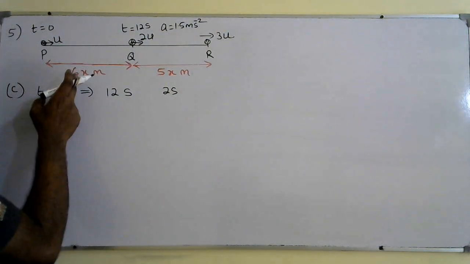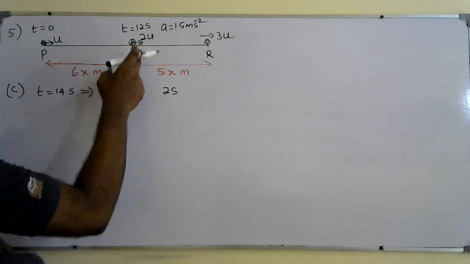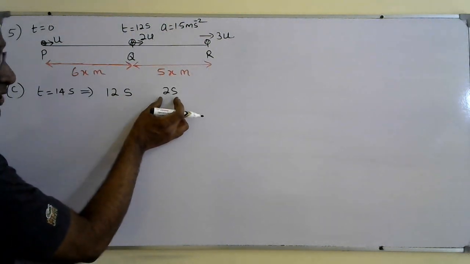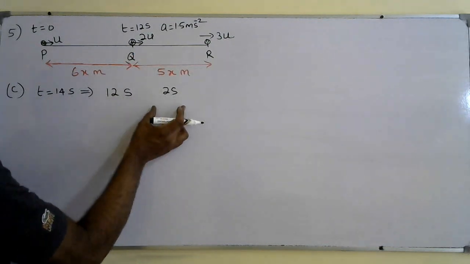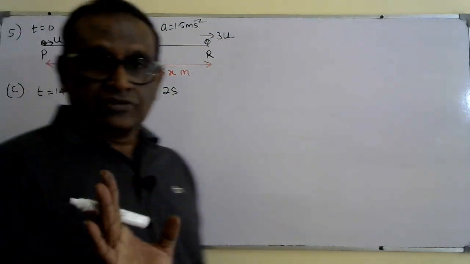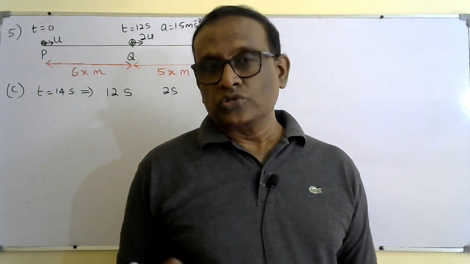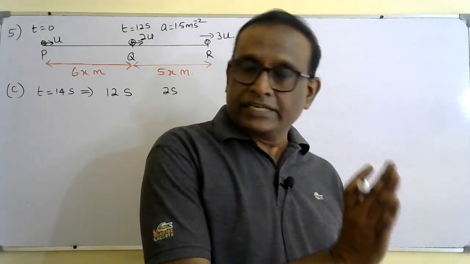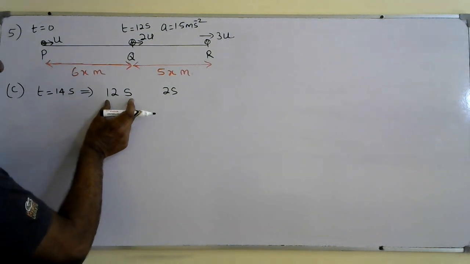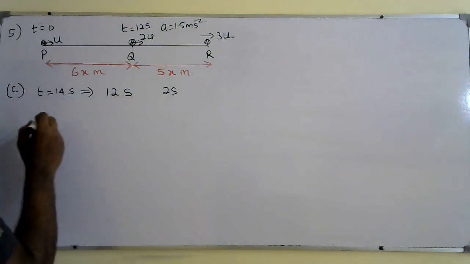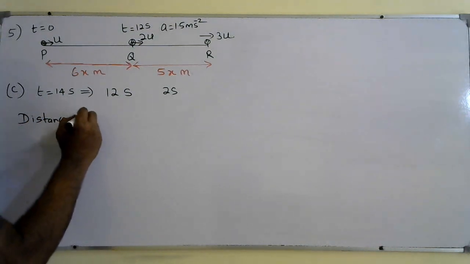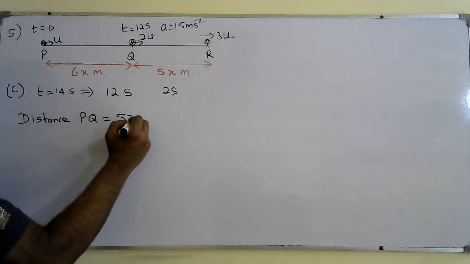During the first 12 seconds, it travels a distance of 6x meters. Then after passing Q, it has a separate acceleration. So it's going to travel 2 seconds after passing Q, because the question asks for the distance traveled after passing P during the first 14 seconds. Careful. If you treat the whole motion as one, you might go wrong because the acceleration will be different beyond Q. During the first 12 seconds, it travels P to Q. So the distance PQ is 5x meters.